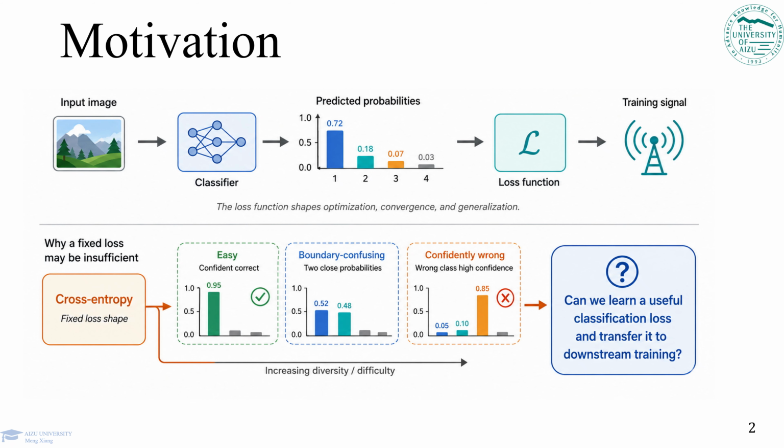In real training, samples can be very different. Some are easy, some are near the decision boundary, and some are confidently wrong. So one fixed loss shape may not be ideal for all cases. This motivates our question: can we learn a useful loss and transfer it to downstream classifier training?